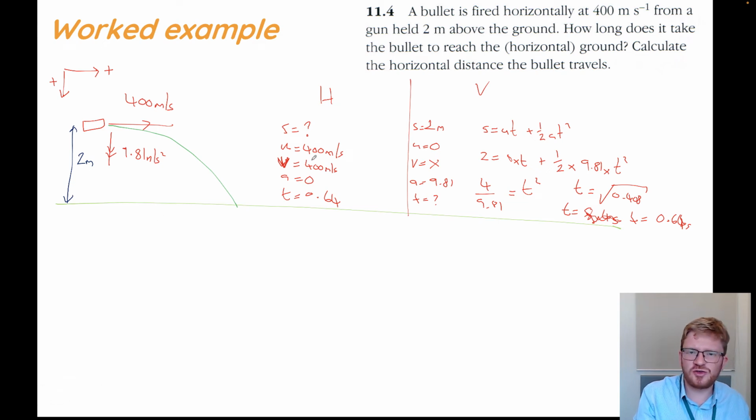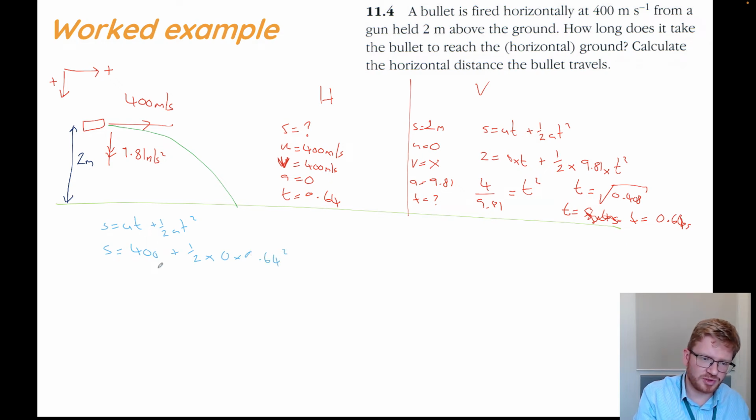And you could just use speed as distance over time, but I don't think that's a very safe thing to do. So a better thing to do is to go to really any other equation that you have. For example, you could just go to the same equation again. S is ut plus a half at squared. So S will be equal to my initial horizontal velocity, which is 400, times t, plus a half times 0 times t squared, which is 0.64 squared.